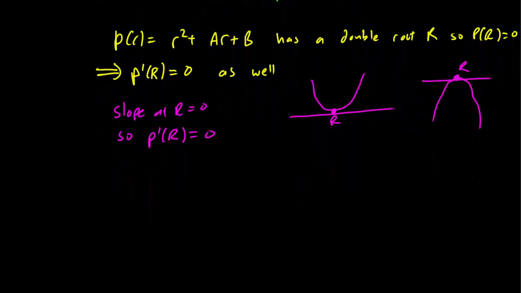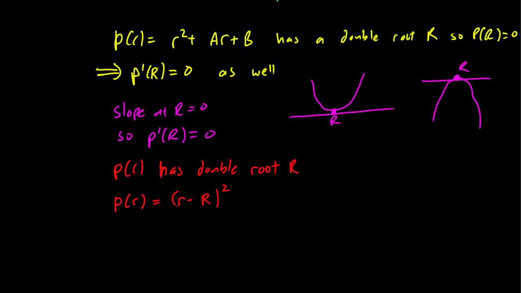There's also another way to think about things, and that's using the algebra. When P(r) has a double root, what this means algebraically is that you can write P(r) equals (r minus r)squared. So that's what it means to have a double root.